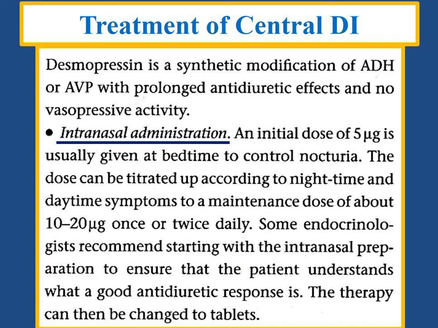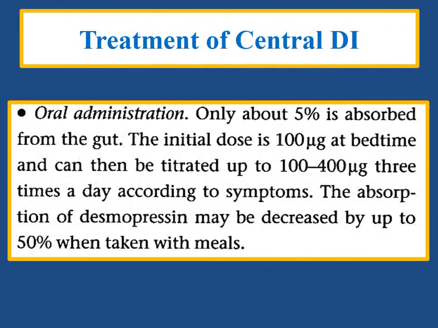Some endocrinologists recommend starting with the intranasal preparation to ensure that the patient understands what a good antidiuretic response is. The therapy can then be changed to tablets. In case of oral administration, only about 5% is absorbed from the gut.